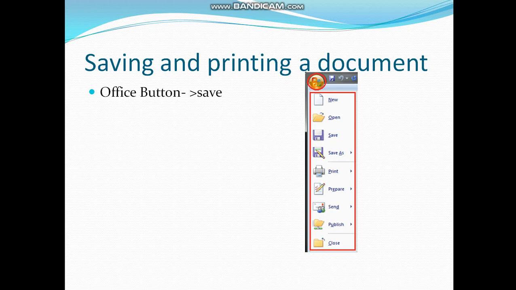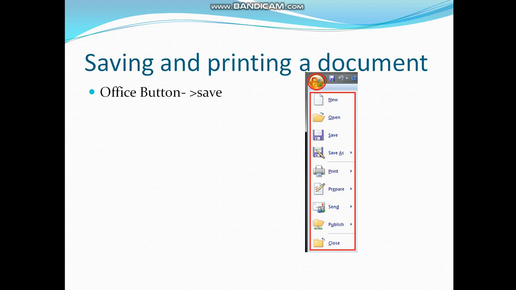Here you can see that after clicking the Office button you have a drop down menu and various options are here, and among these options you have the option to save your document and print your document. After finishing your typing, you will click on the Save As button to save your document.